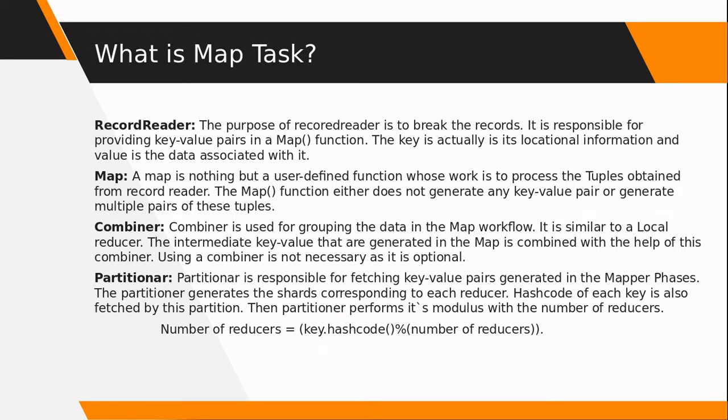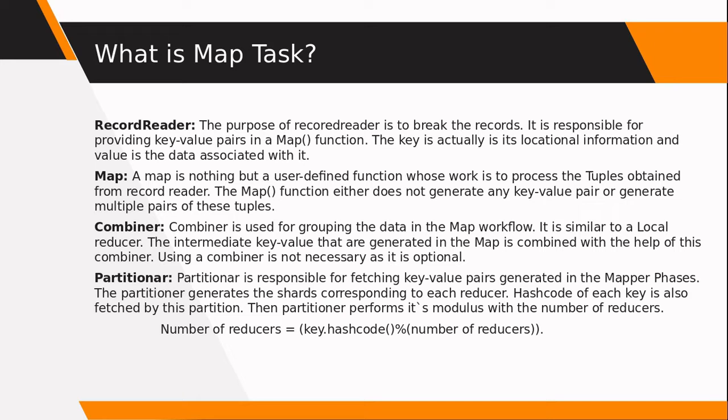The key is actually its locational information and the value is the data associated with it. Map. A map is nothing but a user-defined function whose work is to process the tuples obtained from the record reader. The map function either does not generate any key value pair or generates multiple pairs of these tuples.